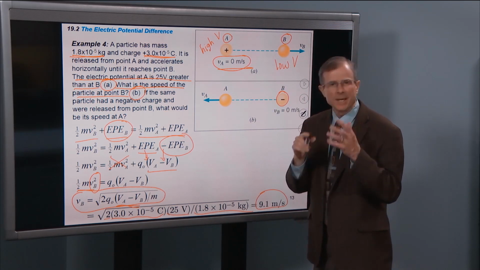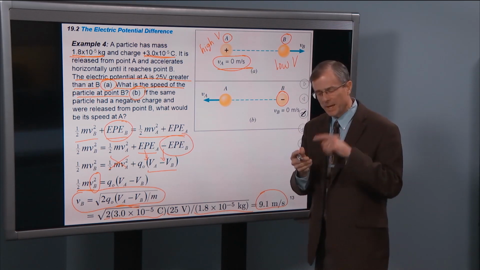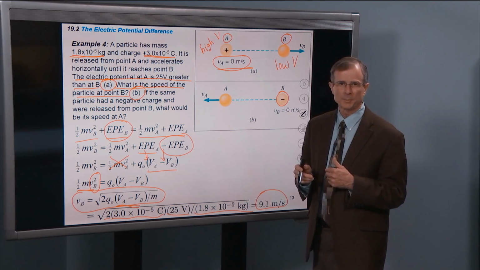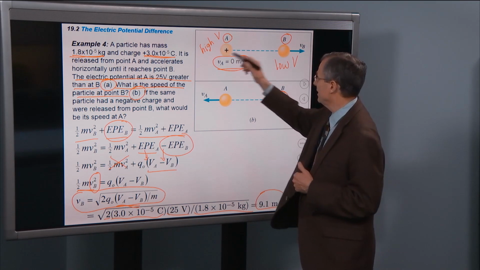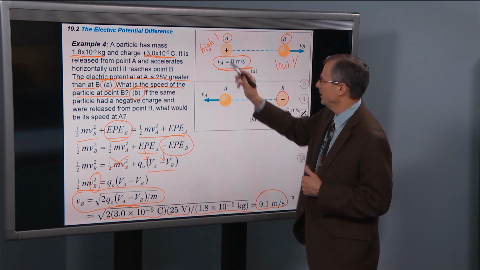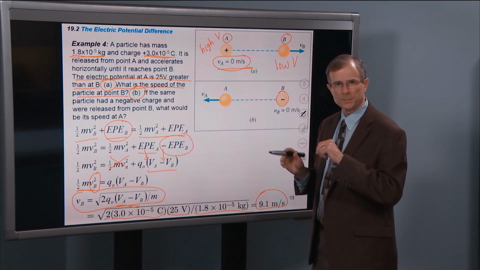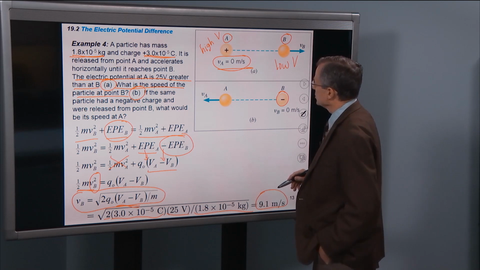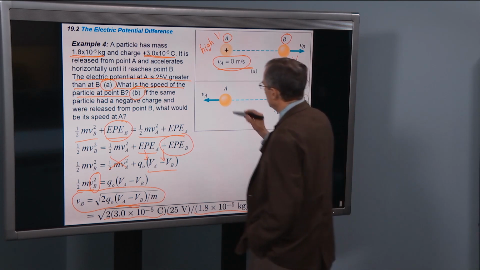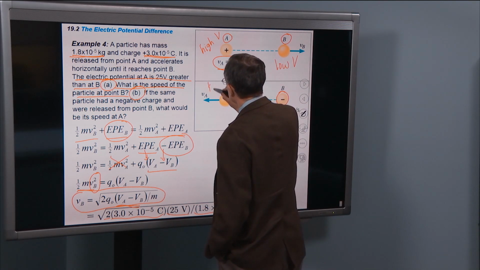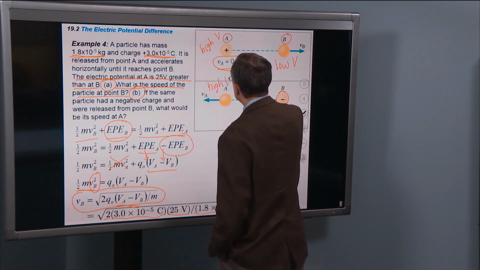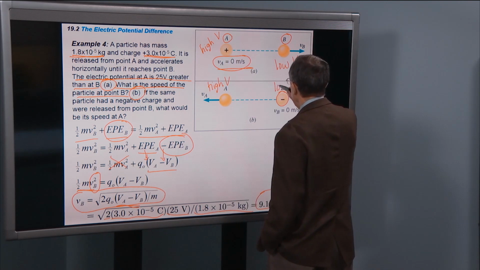What matters, again, I mentioned this at the very beginning, is the difference between the electric potential. So this could be 25 volts and this 0 volts, or this could be 50 volts and this 25 volts. What matters is the difference between the two. So this is still true that point A is at a high potential and that point B is at a low potential.